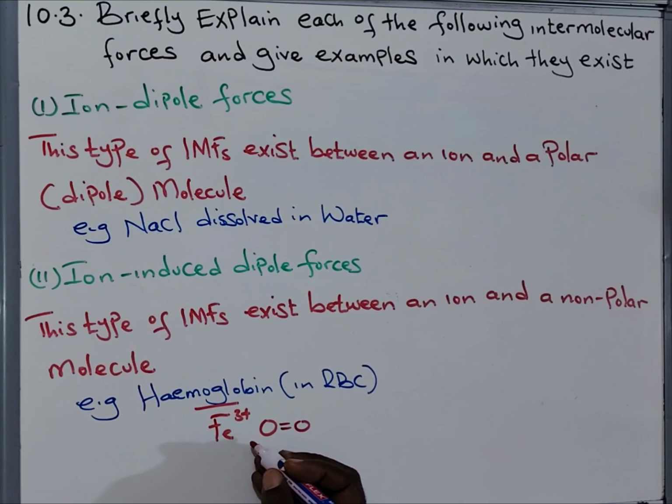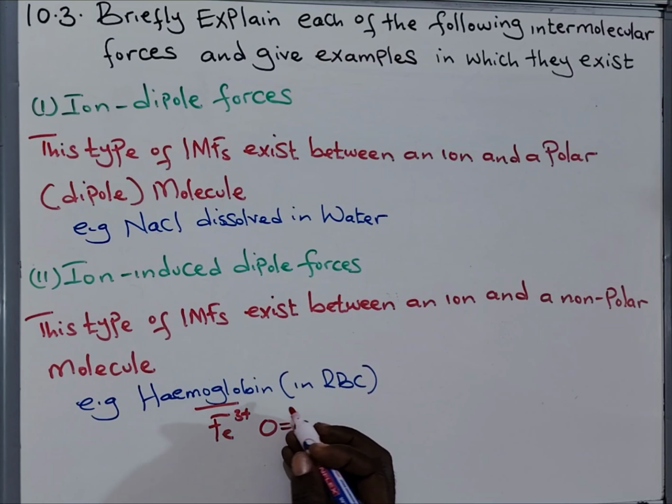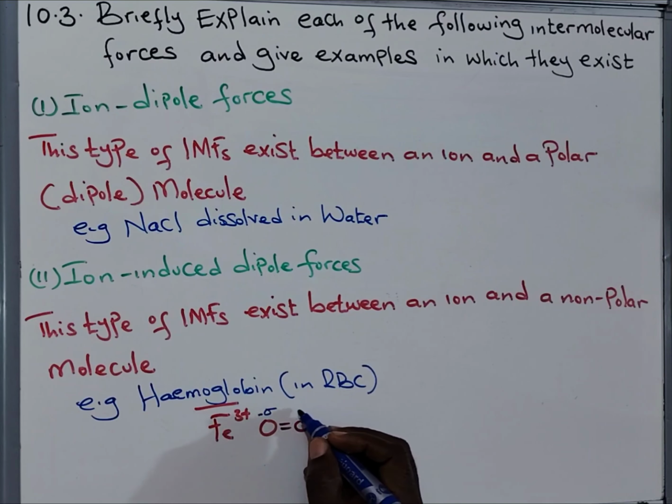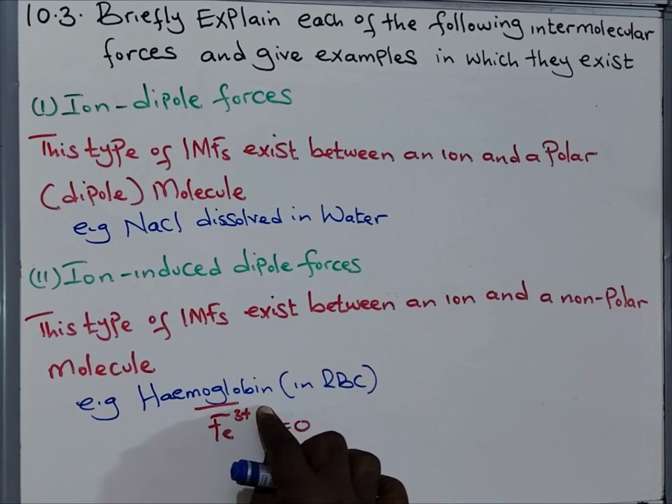It comes near the positive 3 ion, which you call ferric ion, and this ion induces it. So this side near the ion partially becomes negative, and this side partially becomes positive, but they are not permanent, so we don't write them there because they come and go.